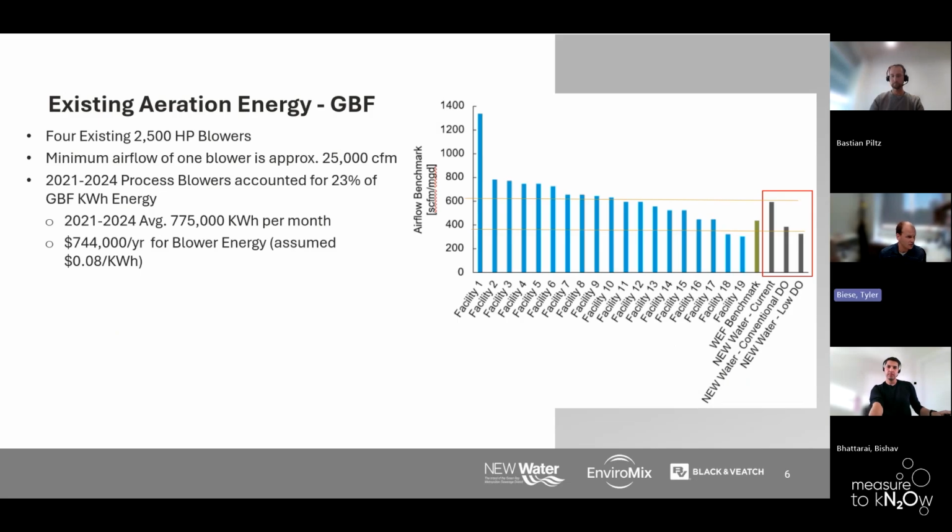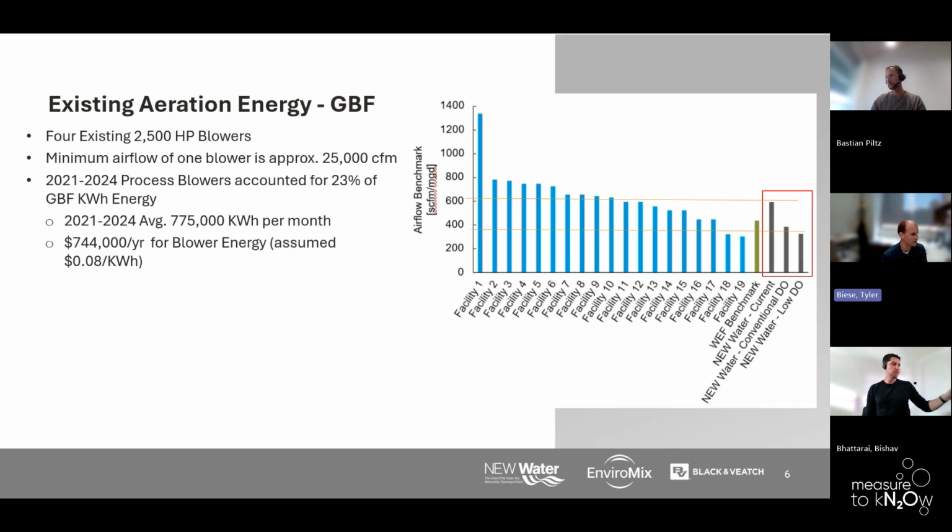At our existing facility in Green Bay, we have 4 existing 2,500 horsepower blowers that were installed in the 1970s. So they're pretty big units, back when we had a lot more load than we do now. The minimum turn down is 25,000 CFM, and as I mentioned before, our demand was modeled at around 10,000 CFM, so we're putting a lot more air in than our facility really needs.